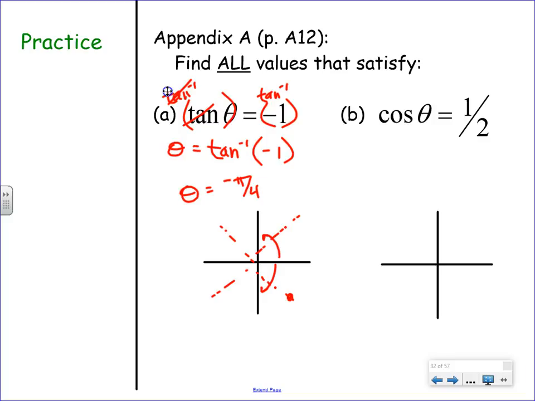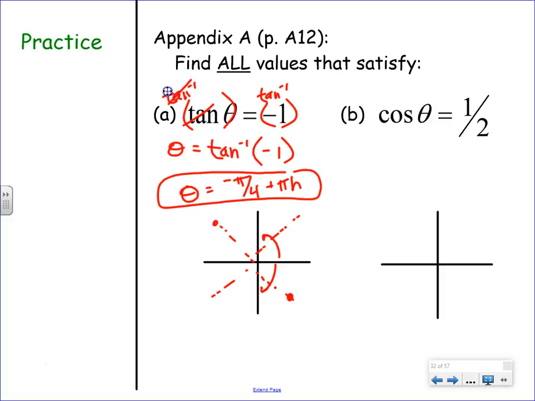But if it says use that to find all of them, tangent's positive there, it's only negative here. How far apart are they? They're half a circle apart. Sweet, let's just say pi n and be done. Plus 1 pi, plus 2 pi, plus 3 pi, plus 4 pi. Keep adding half circles and you'll keep getting to more and more places where it's true.